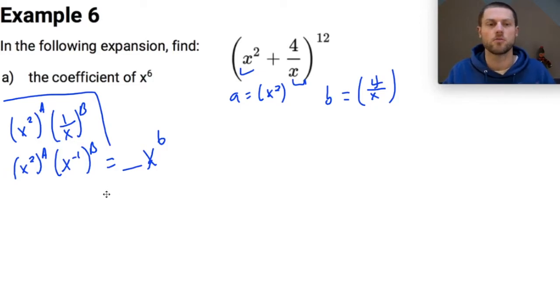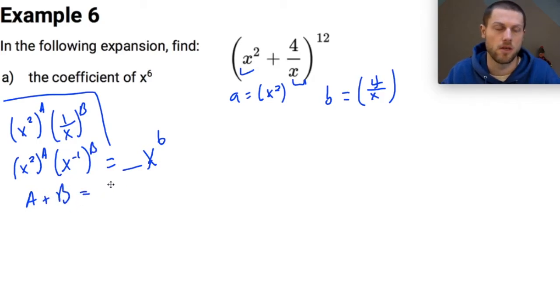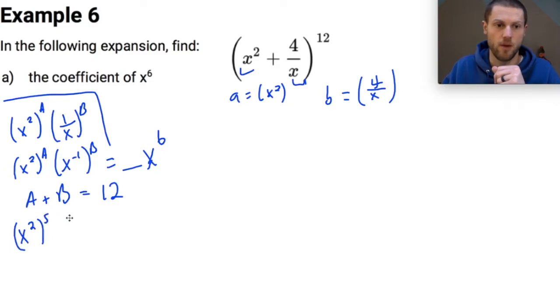There's different ways you can approach this. There's an algebraic way where you can set up an equation and solve, but I think it's easier to remember that whatever this a power plus whatever this b power is, they have to sum to 12. And then it's easier to guess and check. If I want this to come out to be x to the 6th, let's pick a random guess: x squared to the 5th power and x to the negative first to the 7th.